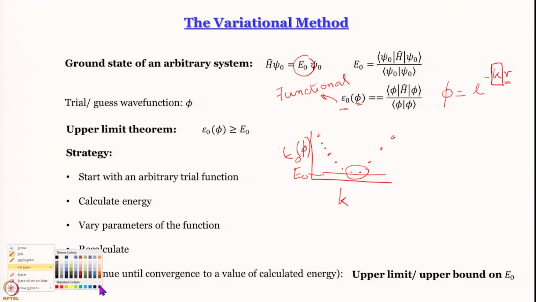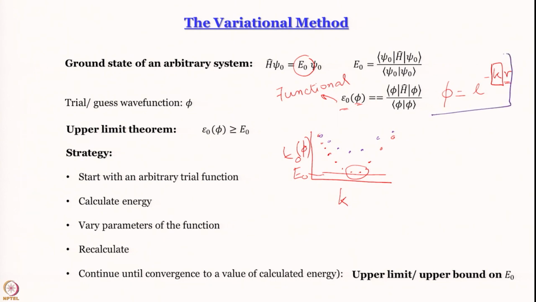It is very highly possible, and in fact that is what happens most of the time, that the minimum value that you get is nowhere close to E0. E0 you might be able to find from experiment and that is the correct value. That means that whatever trial function you have taken, that is not sufficient. You need a more complicated function.